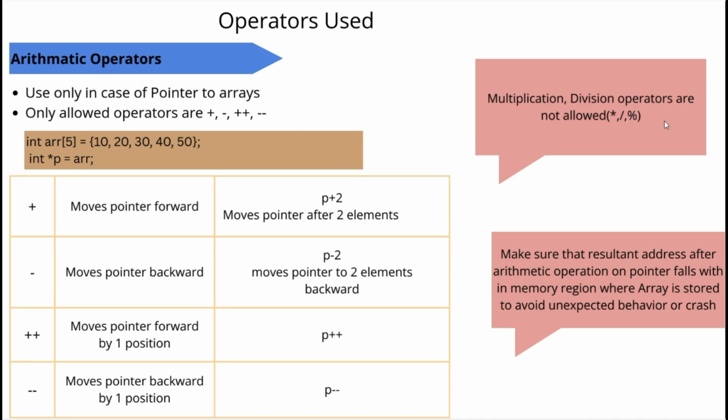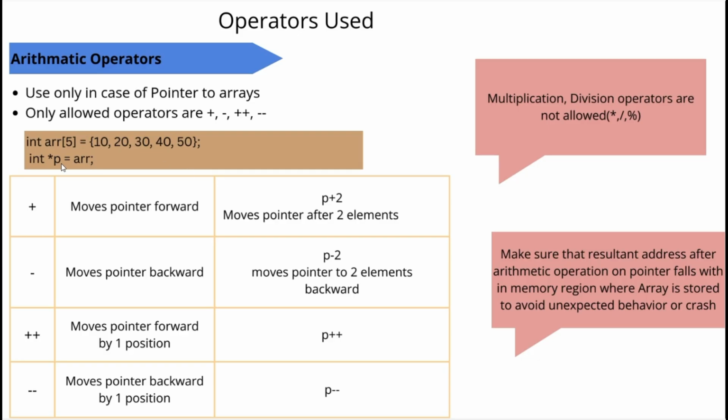You should not use multiplication and division operators, it will give you a compile error. While applying these arithmetic operations, we should make sure that the resultant address falls inside the array region.